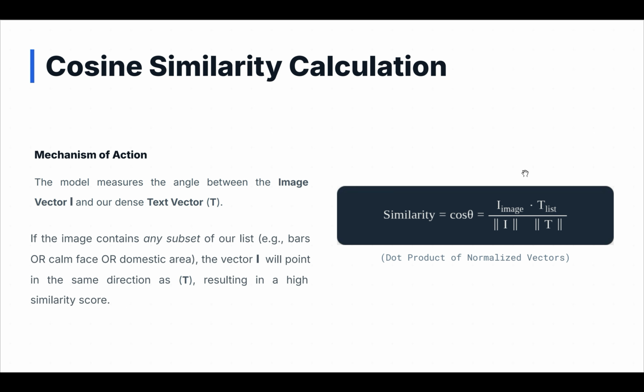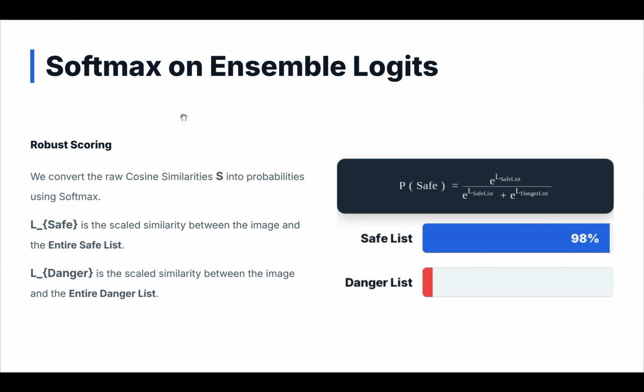So this is the mathematical formula of cosine similarity, as we have described before. And this is the working mechanism of our softmax. We convert the raw cosine similarities into probabilities using softmax for safe versus dangerous. Safe is the cosine similarity between the image and the entire safe list, and danger is the cosine similarity between the image and the entire danger list.